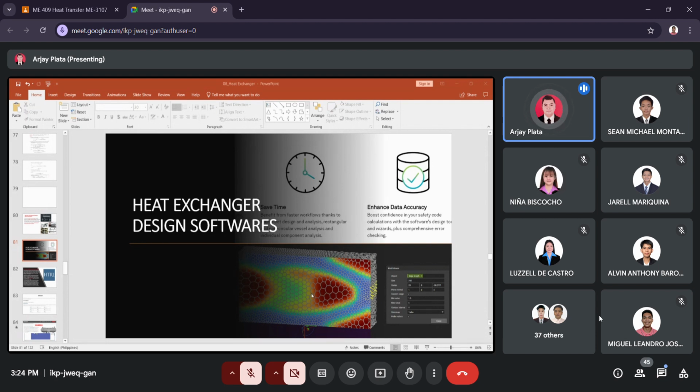So we have 12 groups. Divide by 9 groups. So 2 groups composed of 6, and the rest, 7 groups composed of 5. Sir, 48 daw po pala kami. 48.